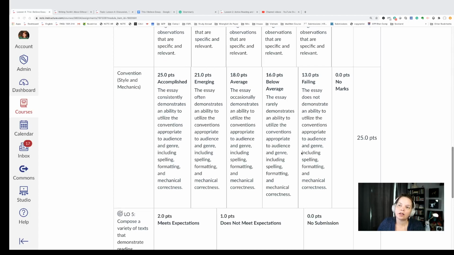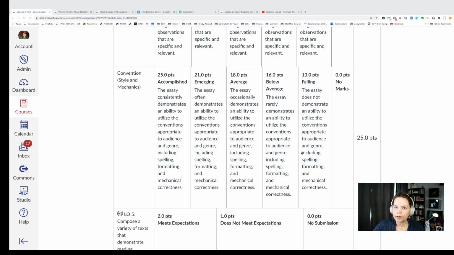And then finally, you want to look at the convention, the style and mechanics. A lot of times students in an English class get really, really concerned about the convention. They think the only thing I care about is grammar and mechanics and where does the period go and did you misspell a word?